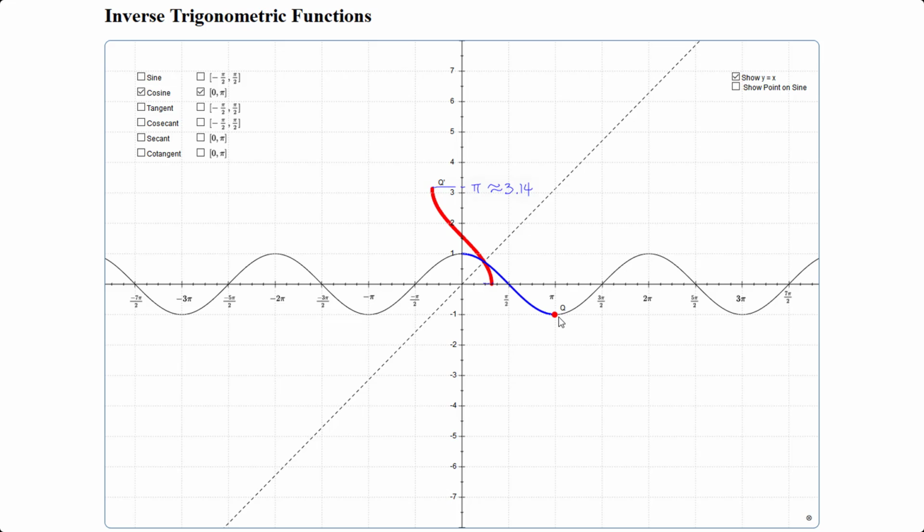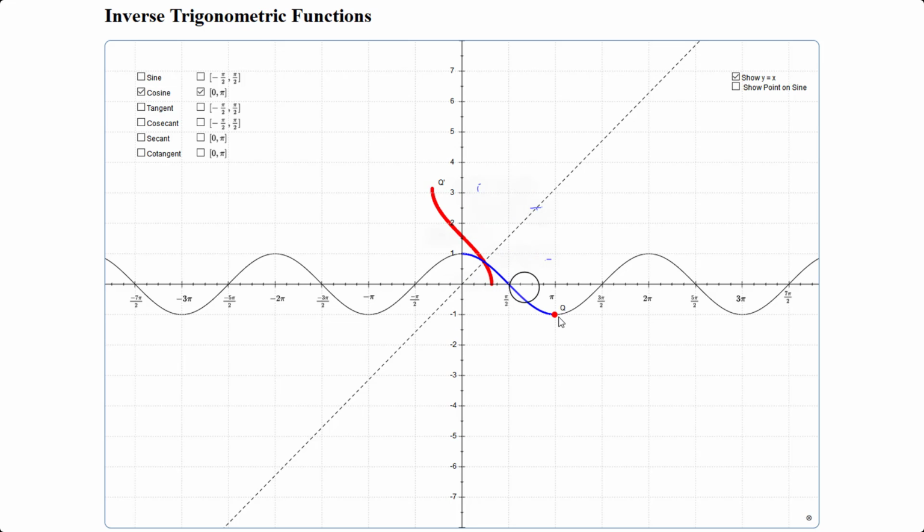And then this point here is at y equals 0, so this would be about 1.57. Any angle measures that you get out from the arc cosine function will either exist in quadrants 1 or 2. So that's kind of an important thing to understand as well.